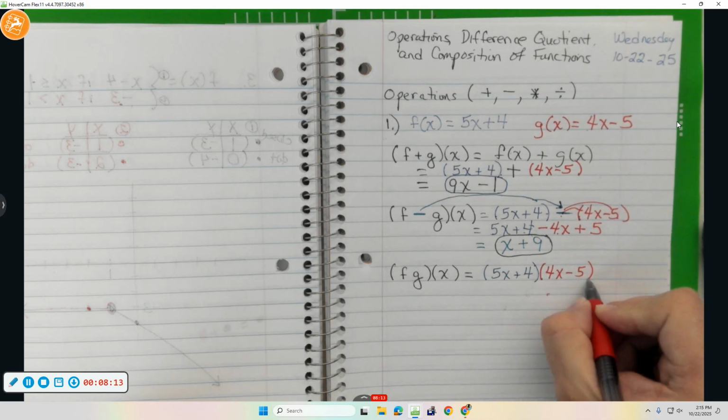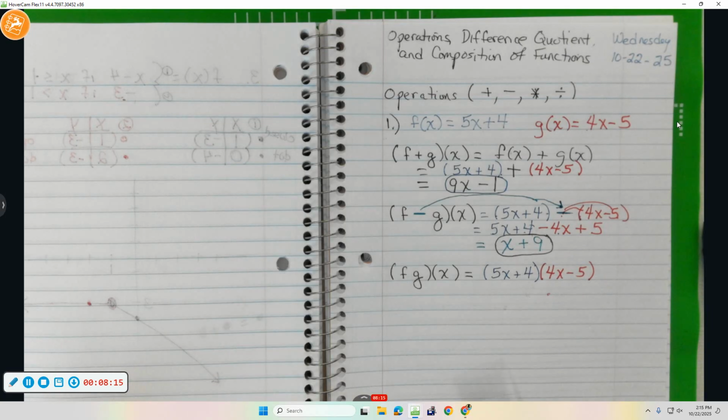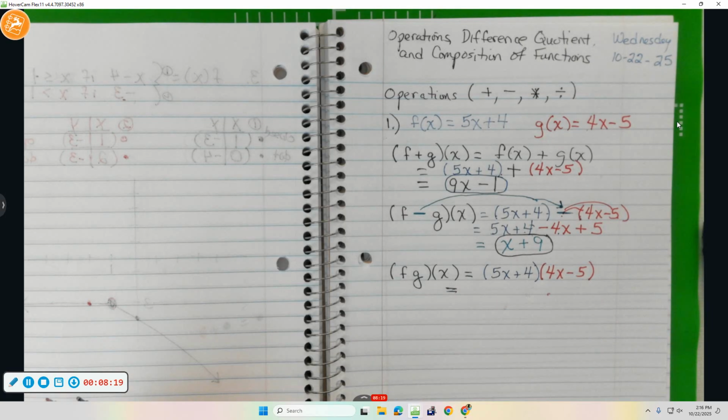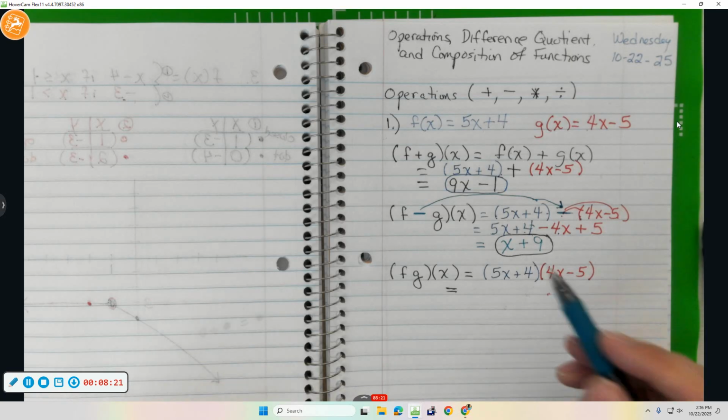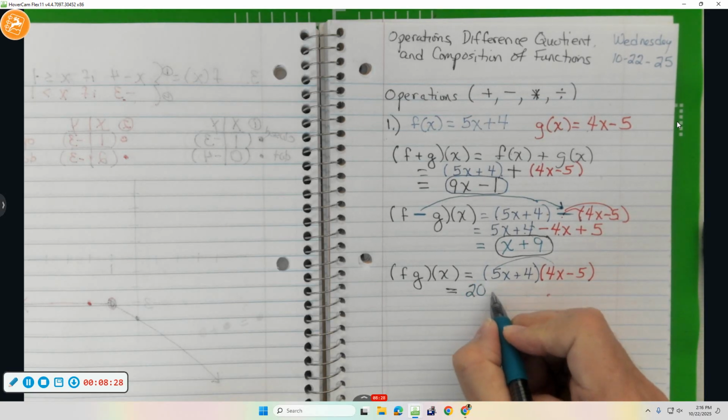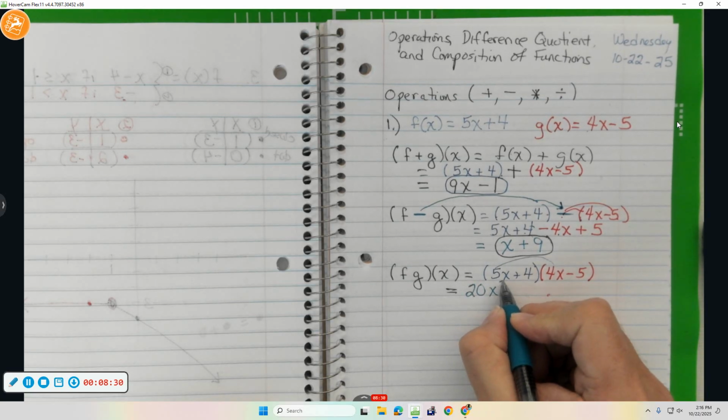Function multiplication is just plain old algebraic multiplication. You know how to multiply those. What are we going to have to do? FOIL them out. I agree. 5x times 4x is 20x squared. First.